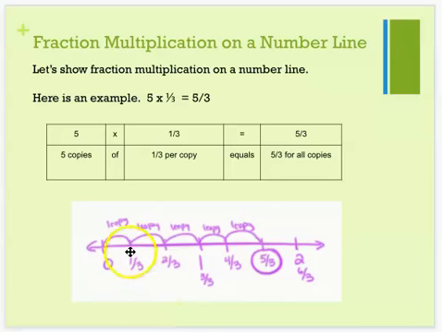And then I split it into thirds and I labeled all those tick marks. Then I needed to take 5 copies of 1/3. So there's 1 copy, there's another copy, another copy, another copy, and another copy to land me at 5/3. So that's a visual way to show multiplication of fractions on a number line.